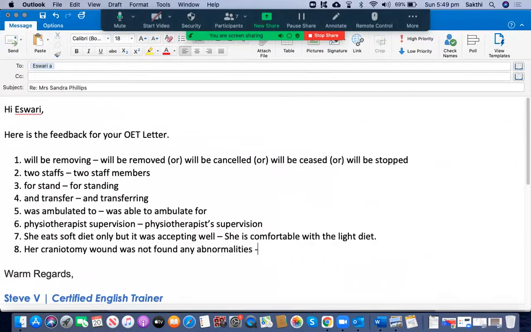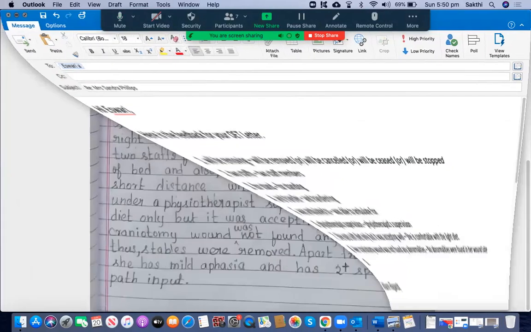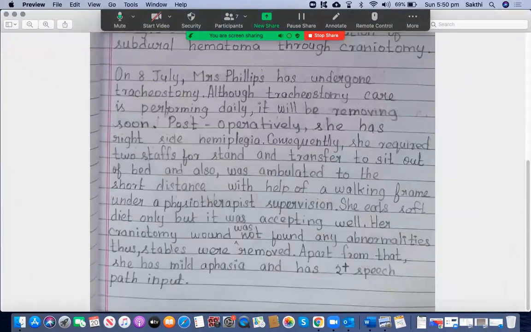You should have mentioned no abnormalities were found in her wound site. Or you can mention maybe in her craniotomy wound site. That is also fine. So the one that you have written is wrong.